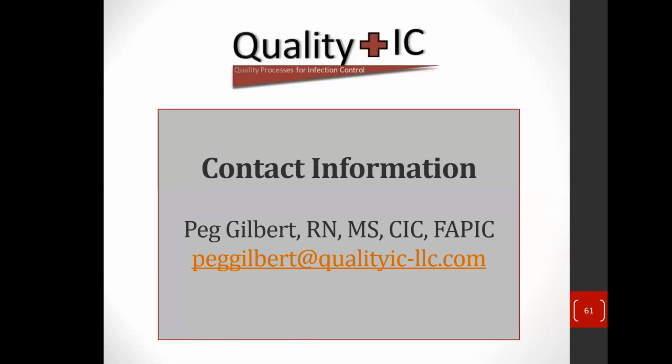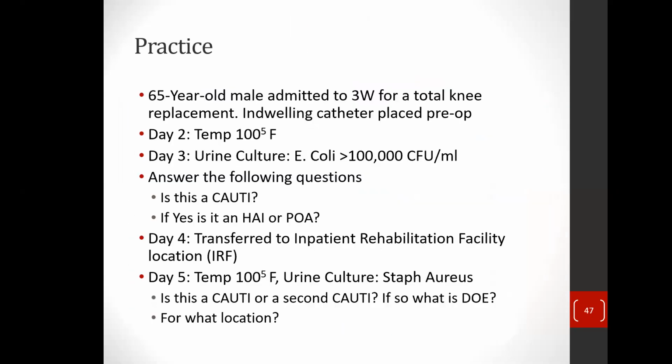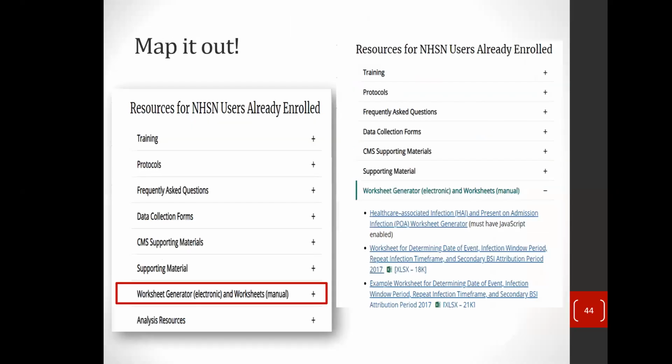Peg, this is Dana. There was one question written in. I don't know if you can see the chat or if you'd like me to read it to you. I'd need you to read it to me. I do not see it. Okay, so when you are counting catheter days at the beginning of your slides 2 through 6, how would you handle someone counting at 7 a.m. and the catheter was removed at 5? I do not count those as catheter days since it was not present at the 7 a.m. count.